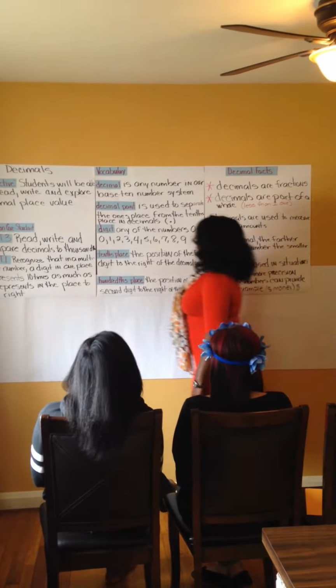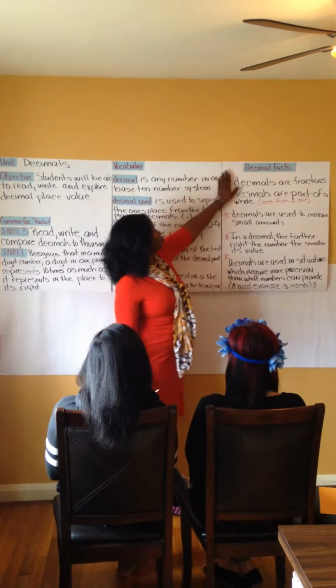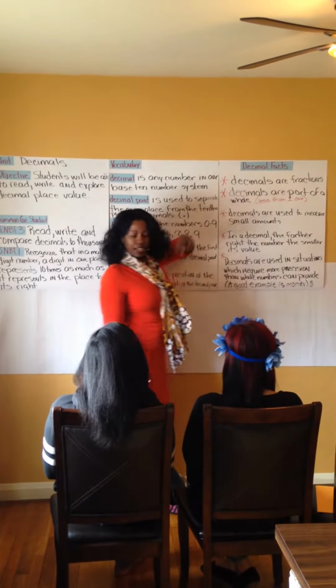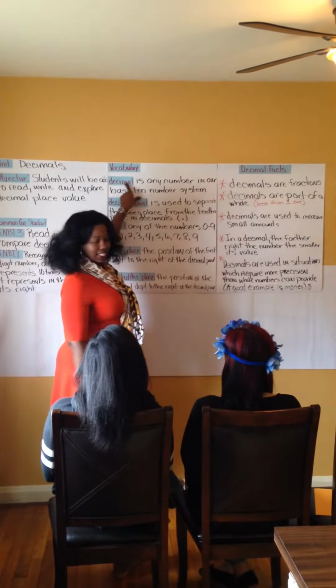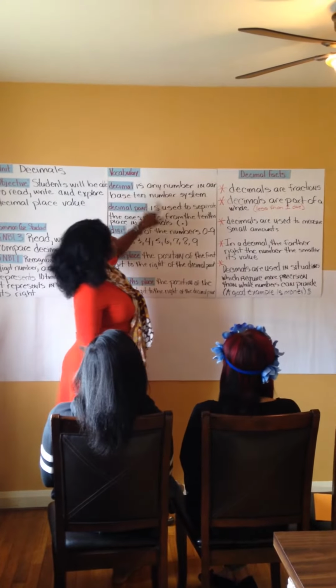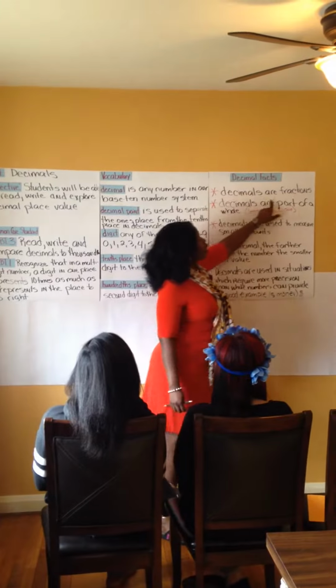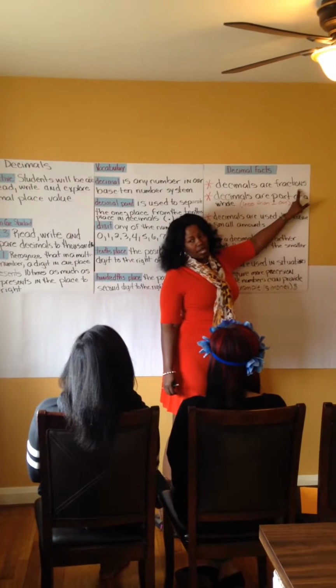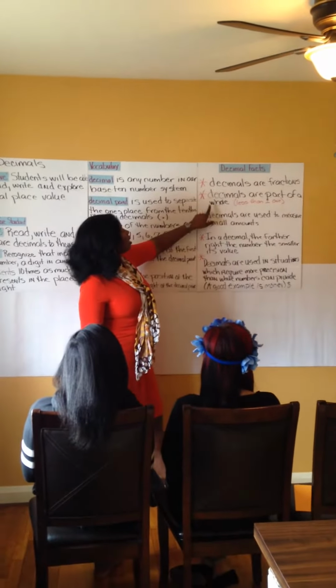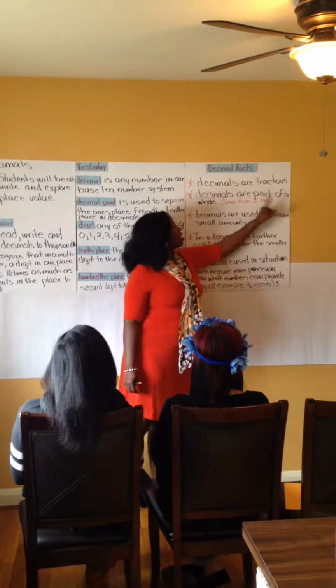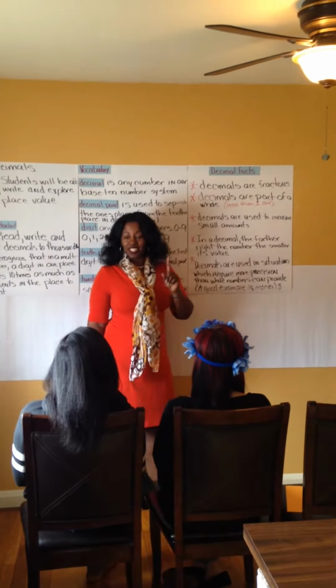Okay, so now we're going to go over some important facts about decimals. Decimal facts. First of all, let me have y'all repeat decimals. Say decimals. Decimals. Good job. Decimals are fractions. You gotta remember that. Decimals are a part of a whole, which is less than 1.